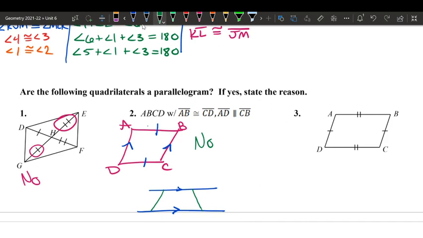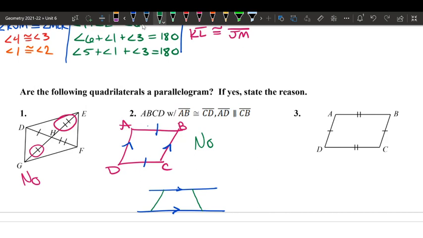All right, so then let's look at the last one. A, B, C, D, we have two opposite sides are congruent. Opposite sides are congruent, so we have two sets of lines that are the same length. Do we have enough information?